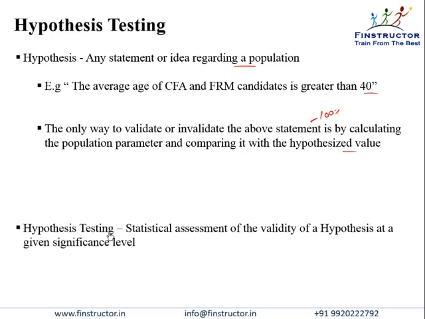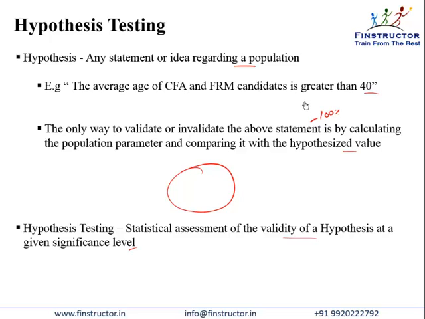Hypothesis testing, however, is the statistical assessment of the validity of a hypothesis at a given significance level that we will do with the help of samples. Now, because it is too cumbersome and time consuming to actually collect data and calculate the parameter for the entire population, what we will do is that we will calculate the statistics for a sample and we will make statements like, because the sample statistic has come out to be so much, the statement looks like it is incorrect, or the statement looks like it is possibly correct.